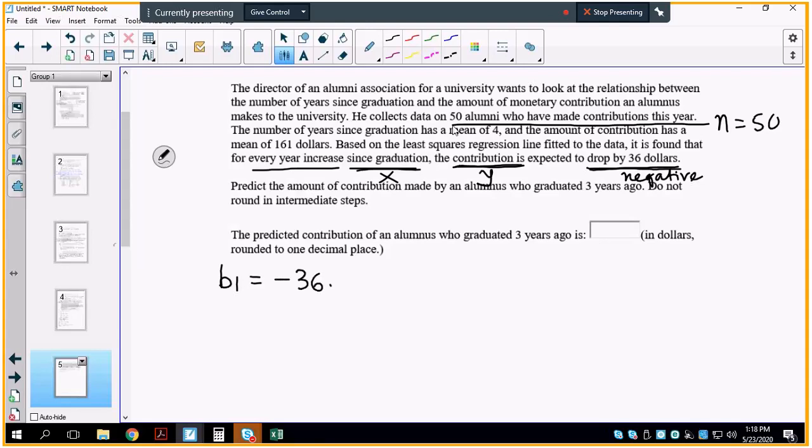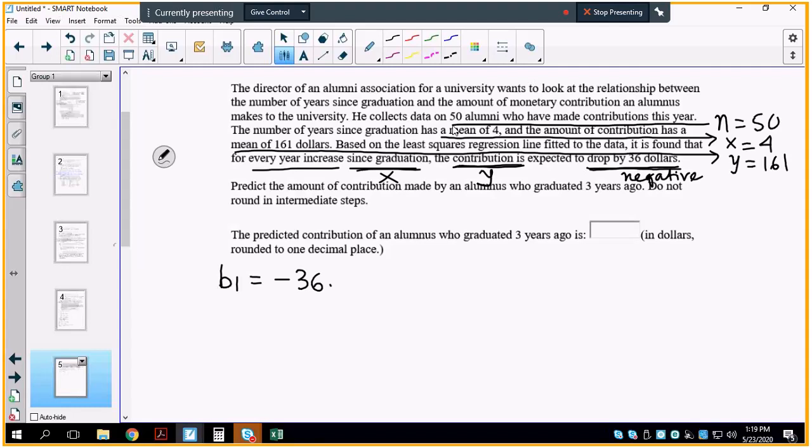Now when we understand what is x, what is y, we will go back and find out the number of years since graduation has a mean of 4. So this is your given x value. Has a mean of $161 is the contribution. So this 161 is the value of y, and then do the same thing.